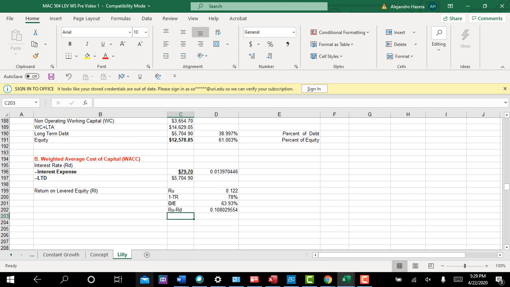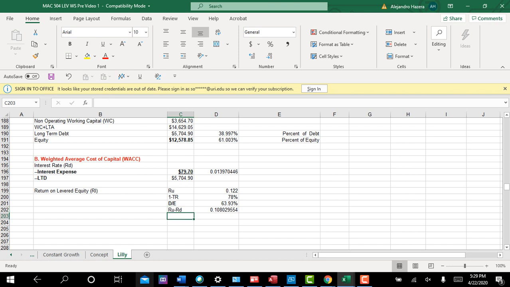Now my return on levered equity should be higher than my return on unlevered equity, and you see it is, because I'm going to sum some of these things, and my base number is the return on unlevered equity, which is the 12.2%. Then I'm going to add some things and multiply some things out.